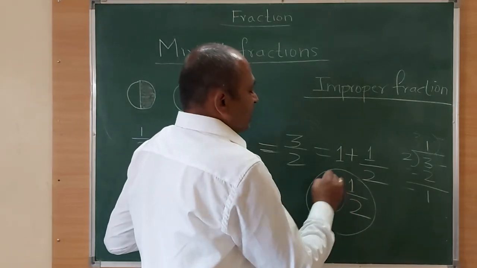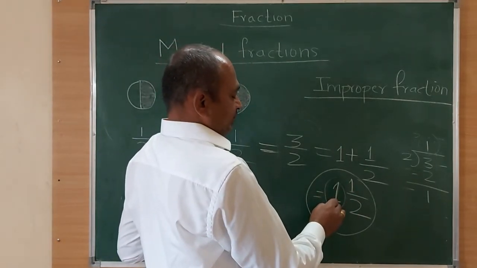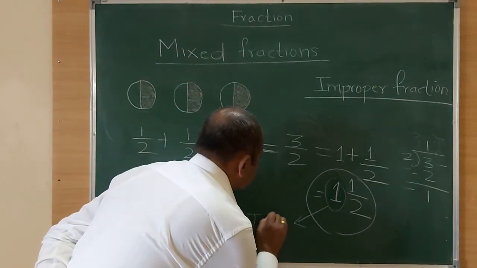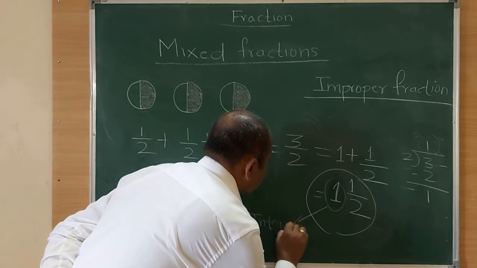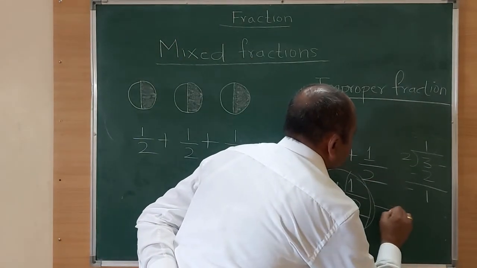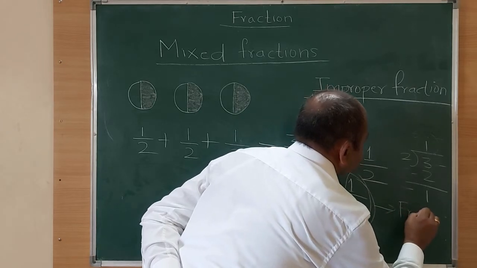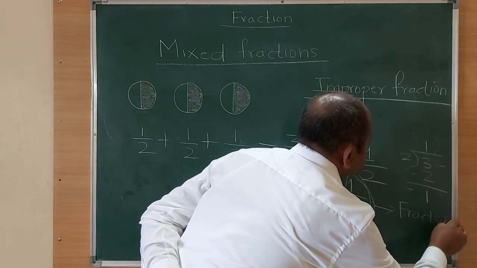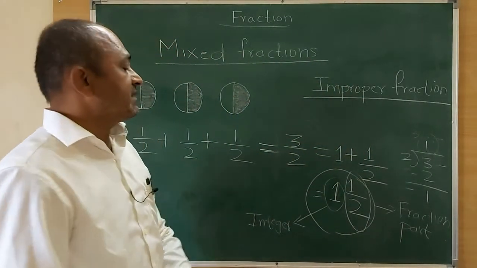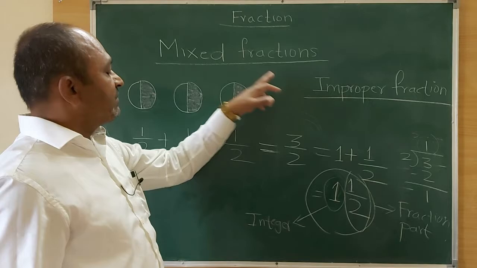So in 1 and 1 upon 2, 1 is the integer part, and this 1 upon 2 is the fraction part. Why are such fractions called mixed fractions?